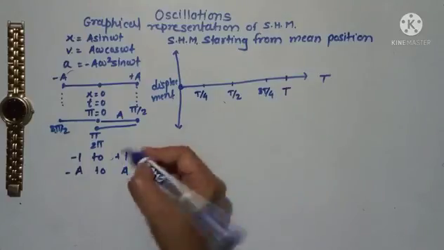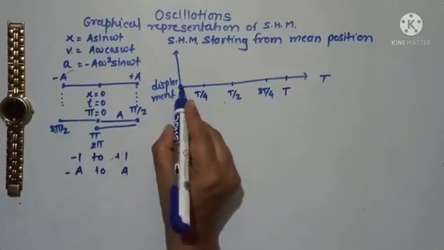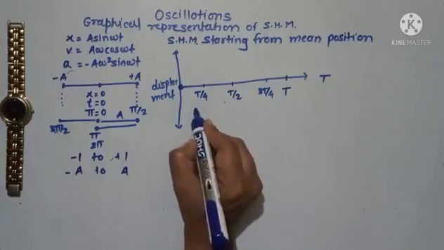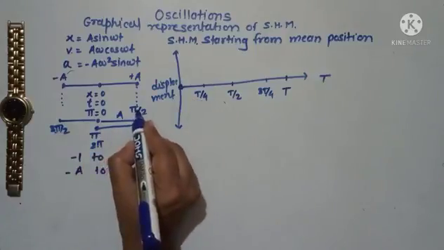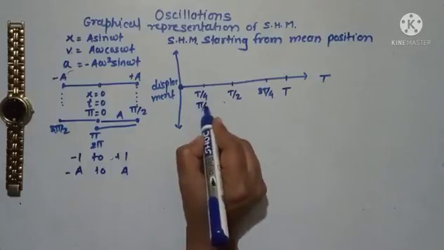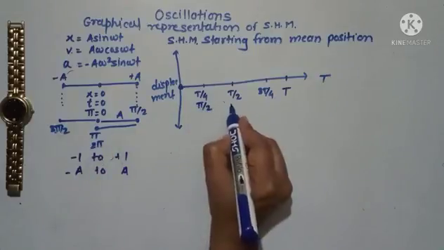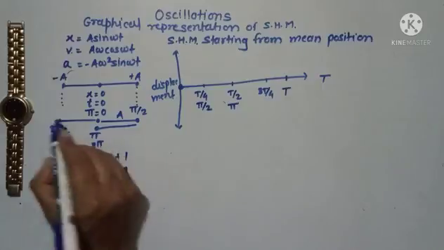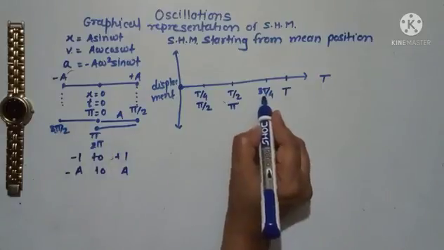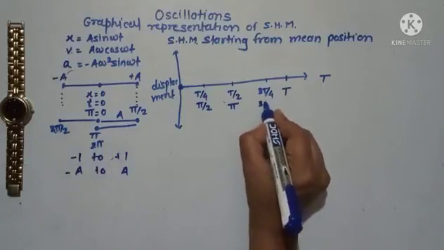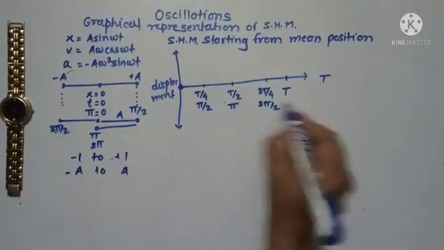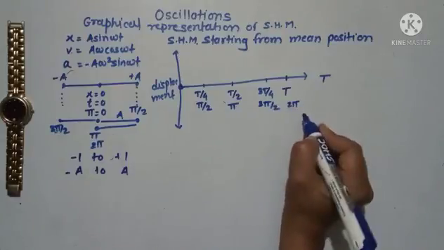For this, the phase related to this point is 0. This time is represented by the phase of pi by 2. Then this is represented by pi. Then the third point is represented by 3 pi by 2. And then this is represented by 2 pi.